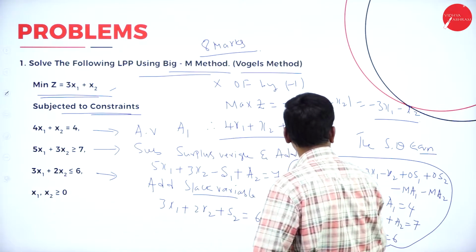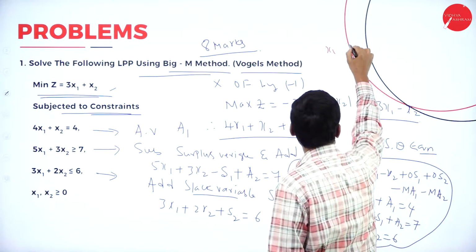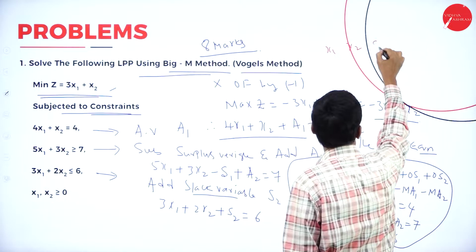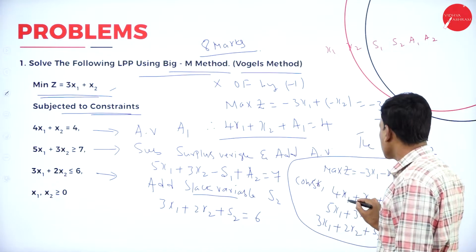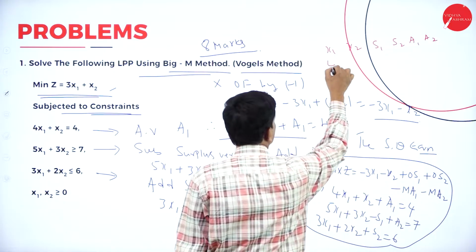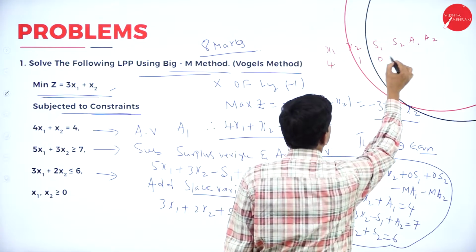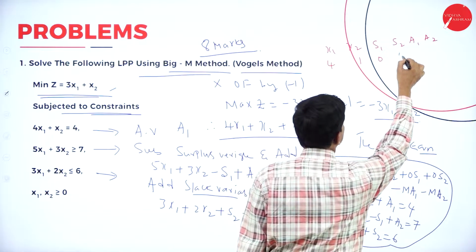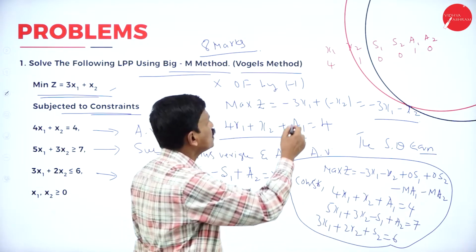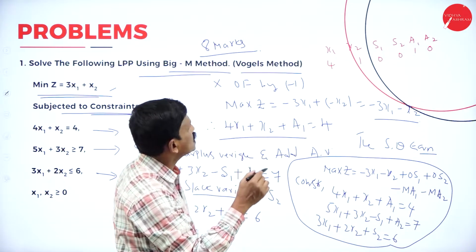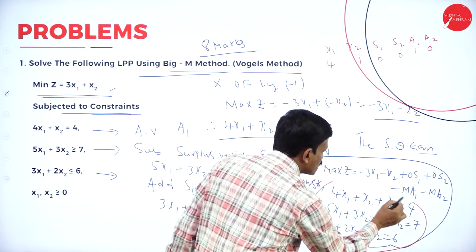So let me write the coefficients of x1, x2, then s1, s2, a1 and a2 for the constraints.